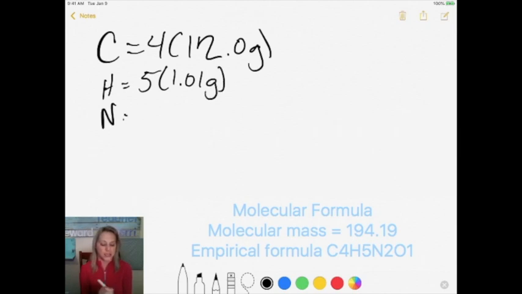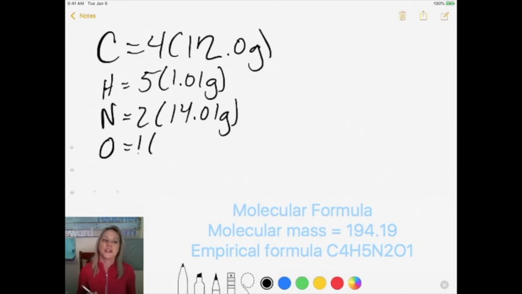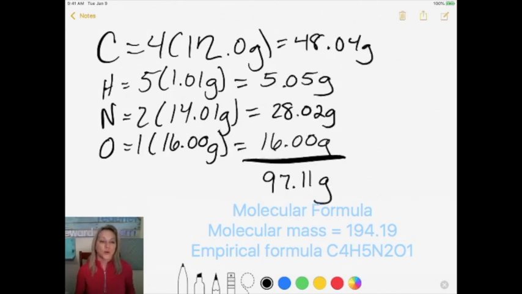And oxygen, we have 1, which its mass from the periodic table is 16 grams. So we're going to multiply those together and then add them up together. Once we have added all the masses together, we find that the empirical formula mass is 97.11 grams.